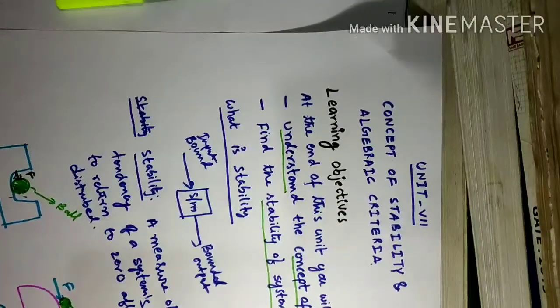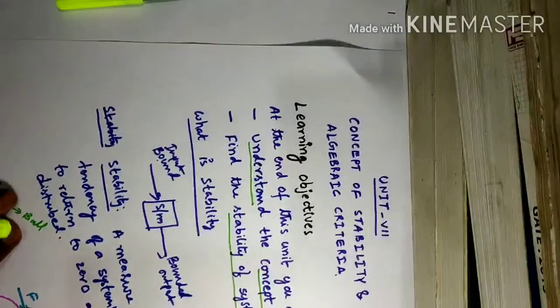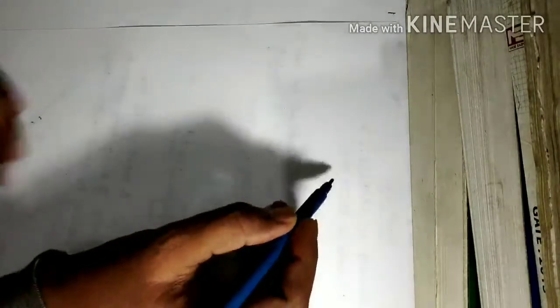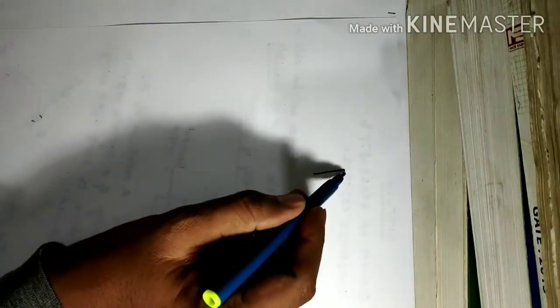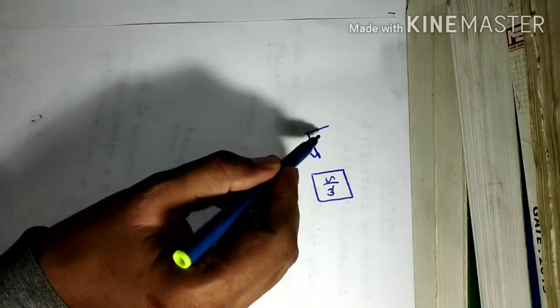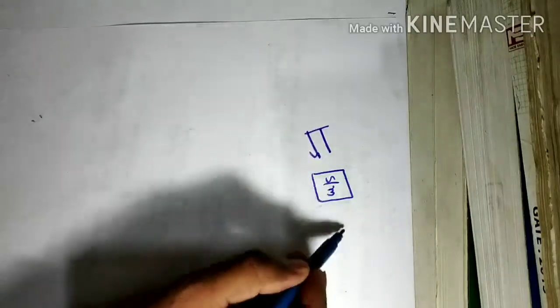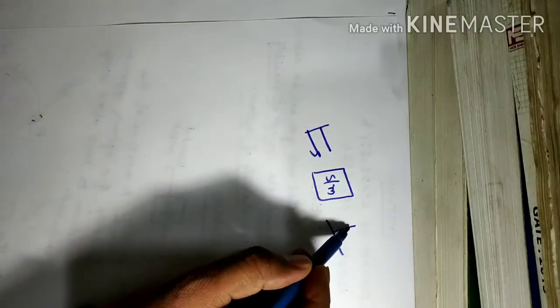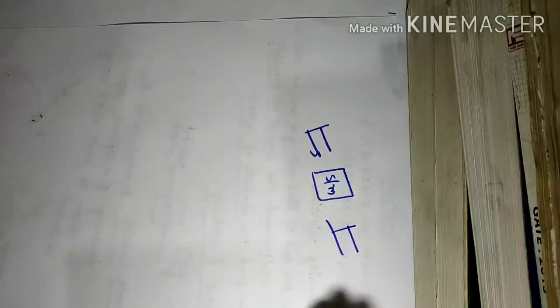We see some other examples also. If you take any system and give a bounded input, and we don't get a bounded output, the system is unstable.